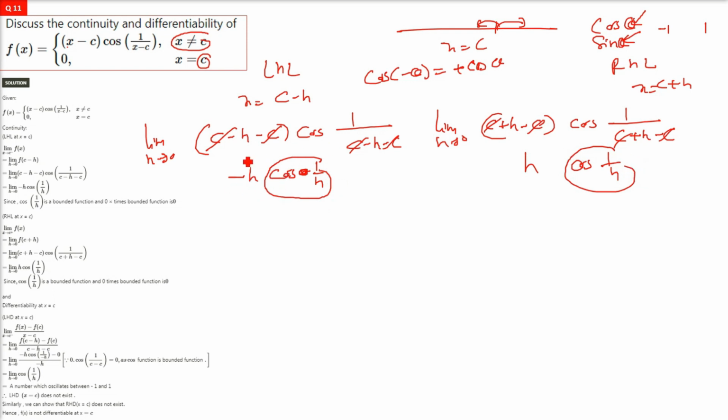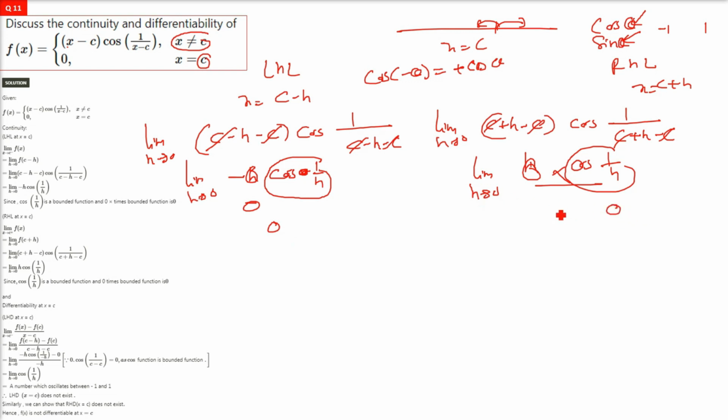But I'm not talking about that, 1 by 0 that will give you cos infinity, whatever it is. But in front of that you already have h. This is also h. You already have an h in front of it. So whenever you put h as 0, whatever comes outside, 0 into infinity or 0 into undefined is also 0.